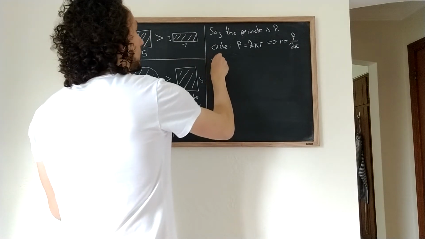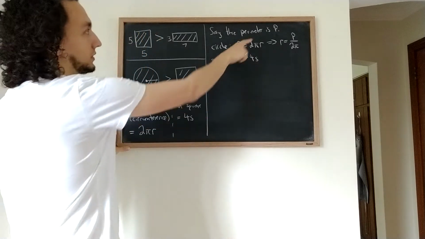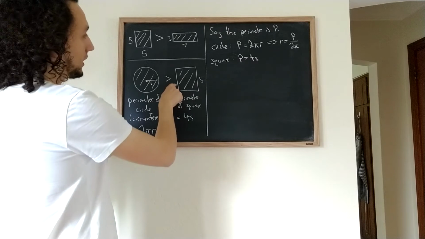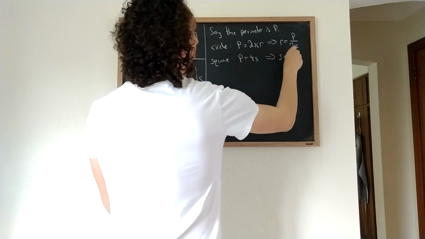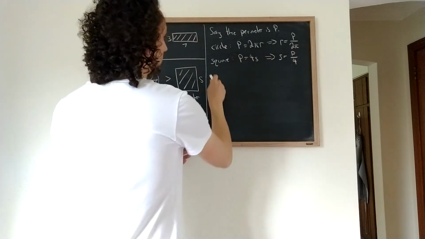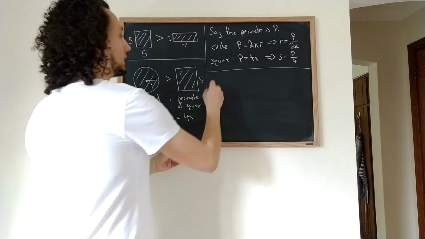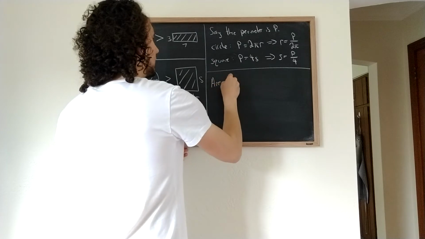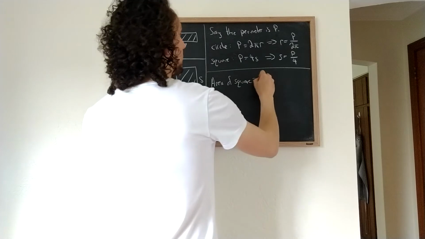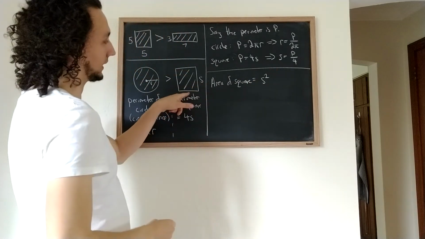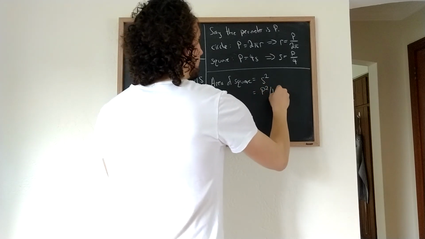And in the case of a square, we have that p equals 4s. We've used the same length of fence to enclose a square area, and that means that the side length of the square must be p divided by 4. Now we can calculate the areas of these two figures, because the area of the square is of course equal to s squared, the side length times the side length, which is equal to p squared over 16.